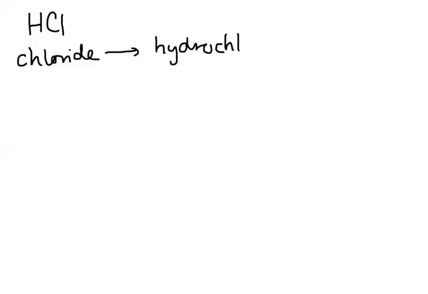That's the monatomic anion of chlorine, which we know that the monatomic anions end in ide. That's chloride, which means it is hydrochloric acid. So what we did was we took away the ide, added ic and hydro in the front.